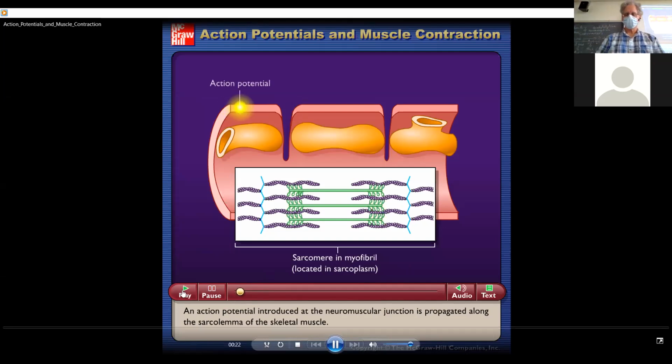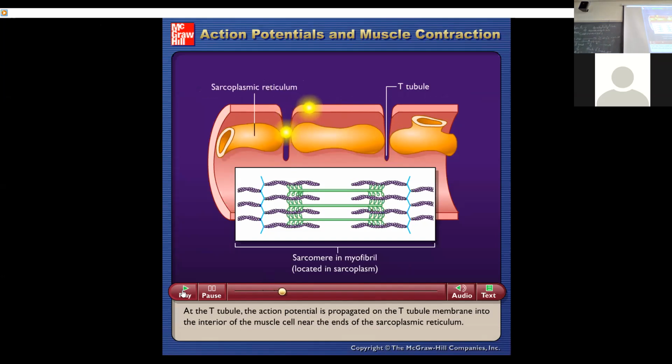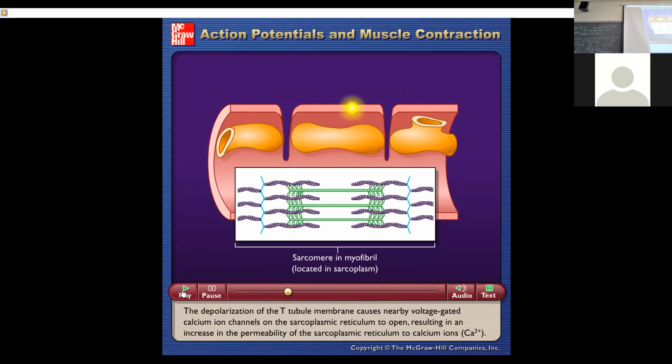An action potential introduced at the neuromuscular junction is propagated along the sarcolemma of the skeletal muscle. At the T-tubule, the action potential is propagated on the T-tubule membrane into the interior of the muscle cell near the end of the sarcoplasmic reticulum. The depolarization of the T-tubule membrane causes nearby voltage-gated calcium ion channels on the sarcoplasmic reticulum to open, resulting in an increase in the permeability of the sarcoplasmic reticulum to calcium ions.